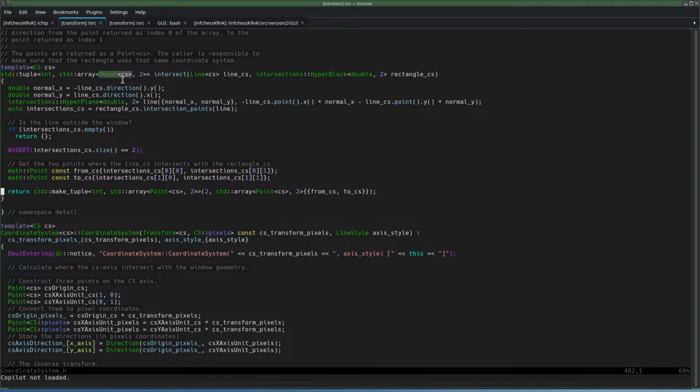But this way, apparently, it's not an rvalue. So we kind of have to turn this from CS into an rvalue, which you can only do by constructing it in place here, instead of putting it on the stack first.